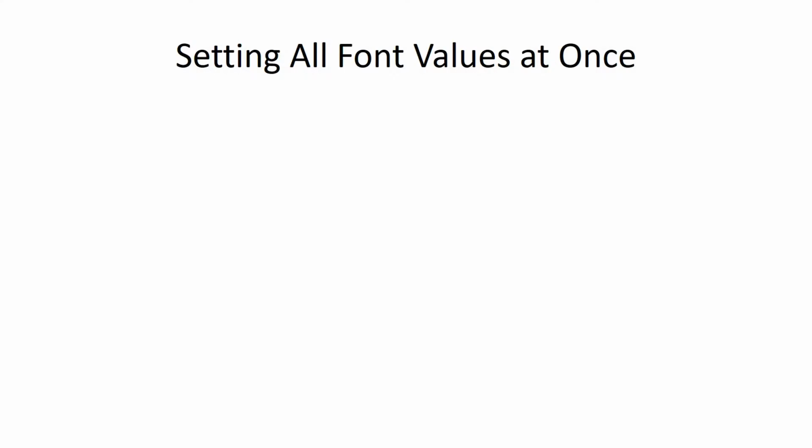So far we have covered a few different properties that you can set to change how text is displayed. It can be tedious if you have to specify each property separately, which means a number of different formatting rules. To make things a little bit easier, you can actually set all font values in one formatting rule.